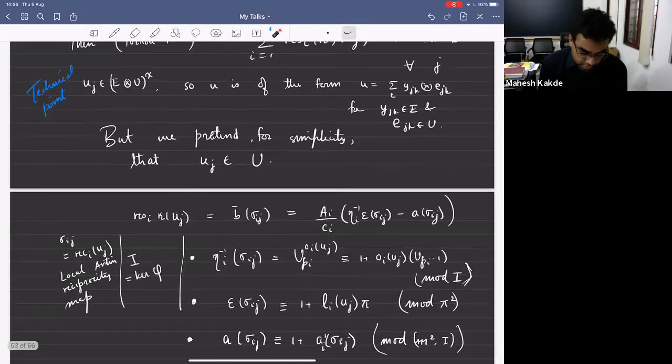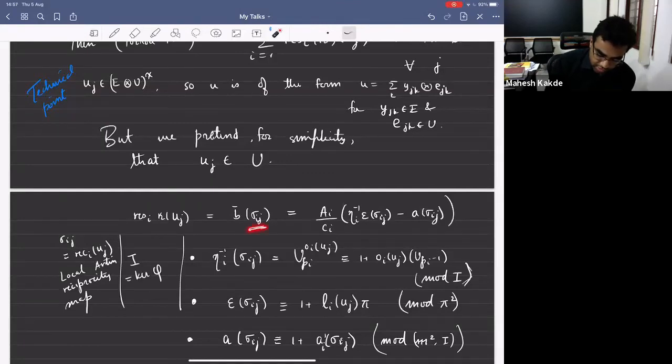All right. So restriction of kappa at the pith prime, and then you evaluate it at uj. This is the same as b bar evaluated at sigma ij. So what is sigma ij? Sigma ij is you apply the ith local Artin reciprocity map at p sub I to uj.